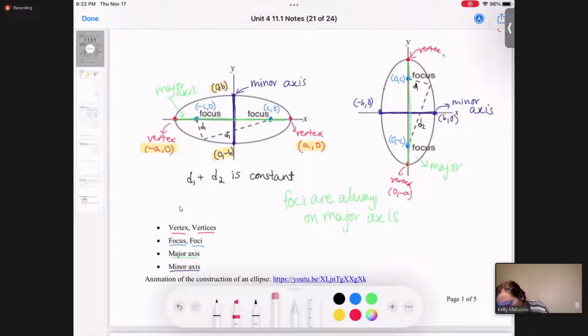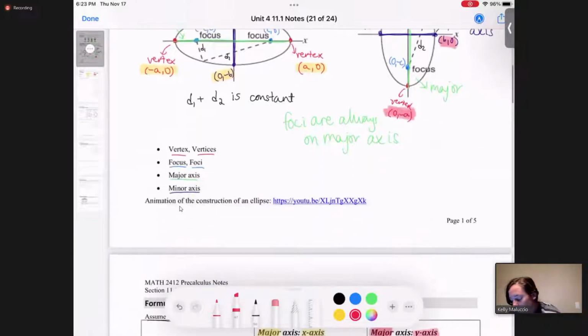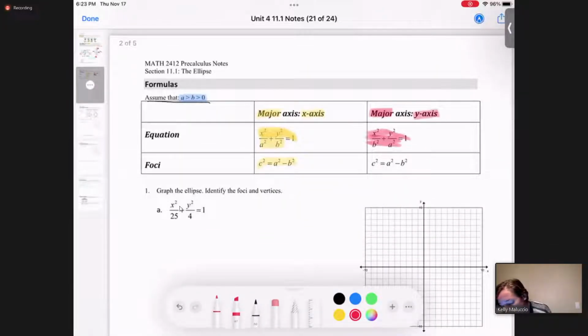So 0, a and 0, negative a are our major axis endpoints, and our minor ones are b, 0 and negative b, 0. They're flipped because if x is the major axis, a goes with x and b goes with y, and vice versa. If y is the major axis, b goes with x and a goes with y. And you can still compute the foci points from this, right?